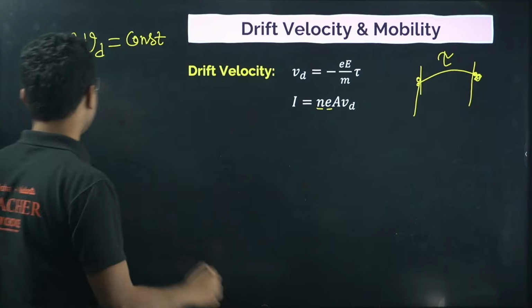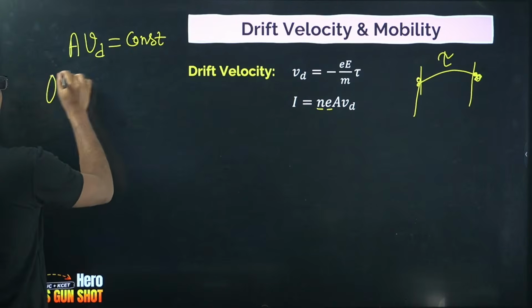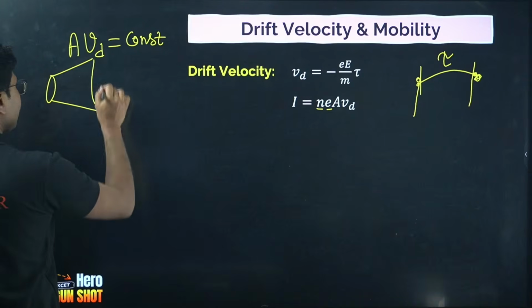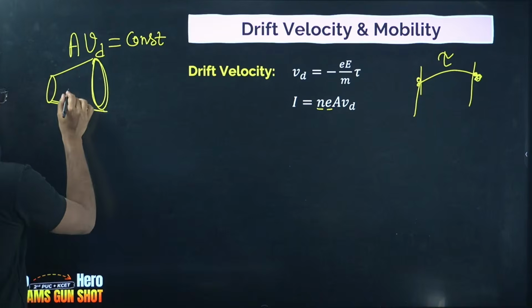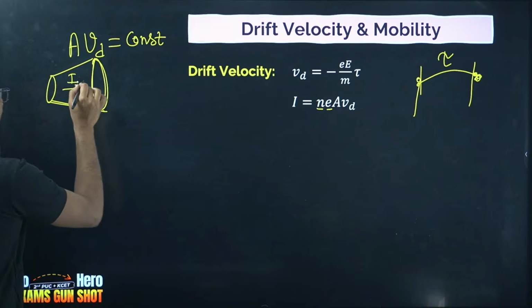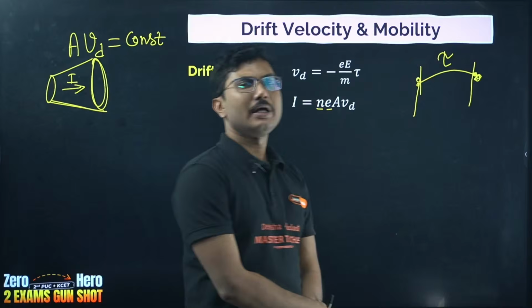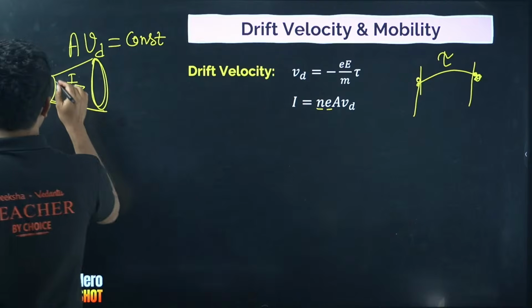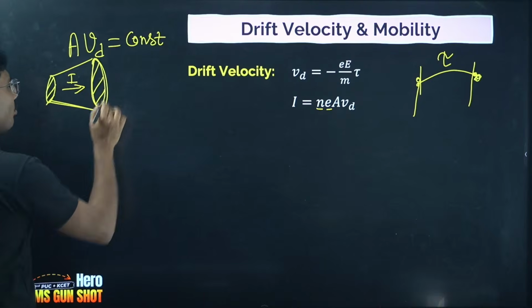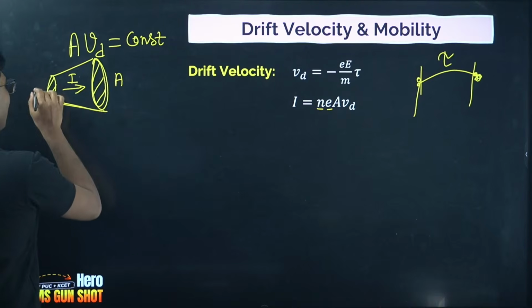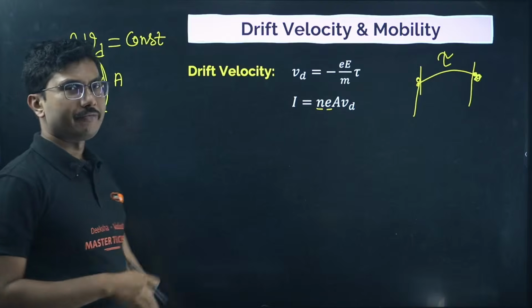Now if you have a wire of non-uniform cross-sectional area, but the current passing through it is constant, then the drift velocity is inversely proportional to the area. The more the area, the lower the drift speed.